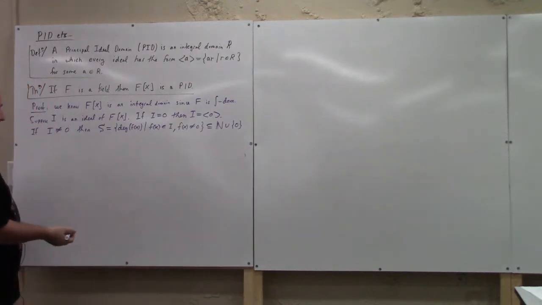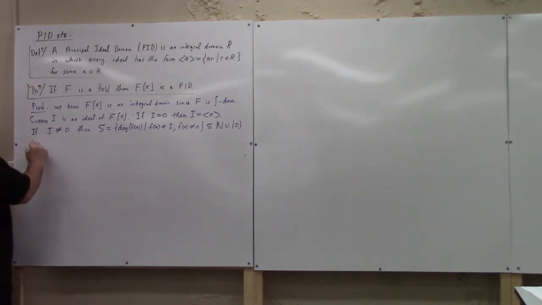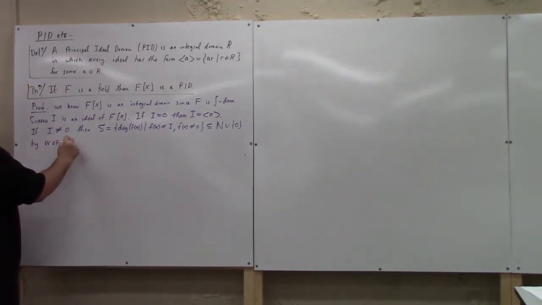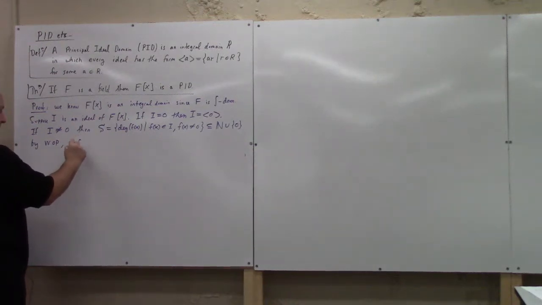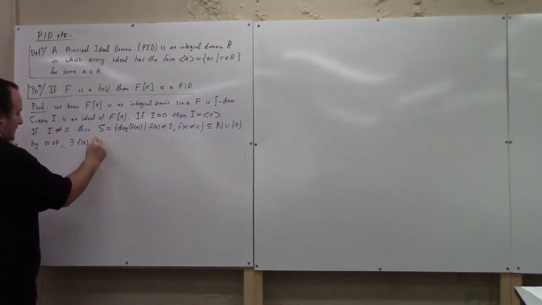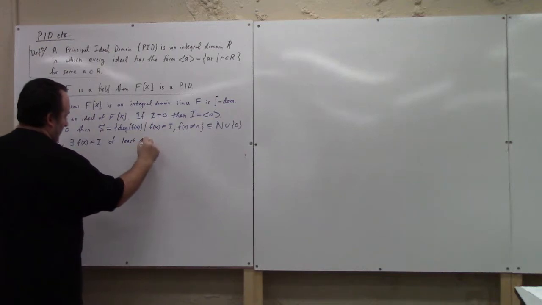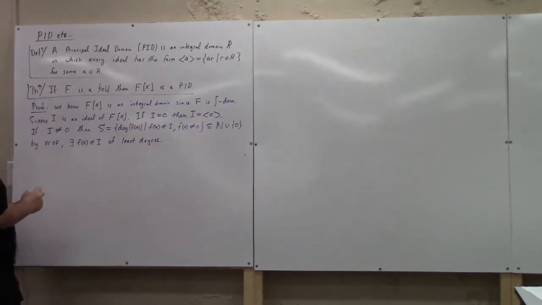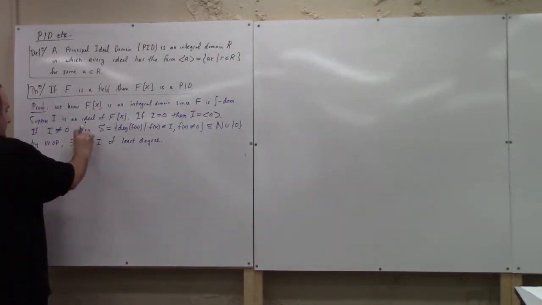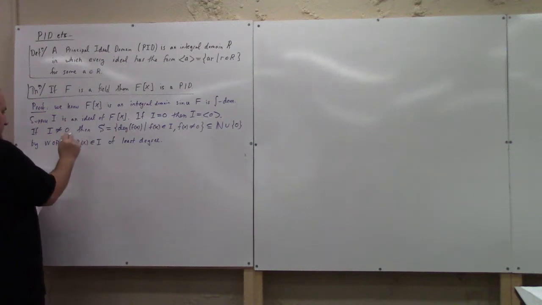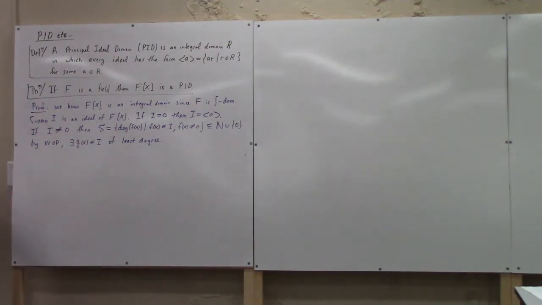So by the well-ordering principle, there exists f(x) in I with least degree. Instead of f(x), I'm going to call that g(x). Let g(x) be that element of least degree.